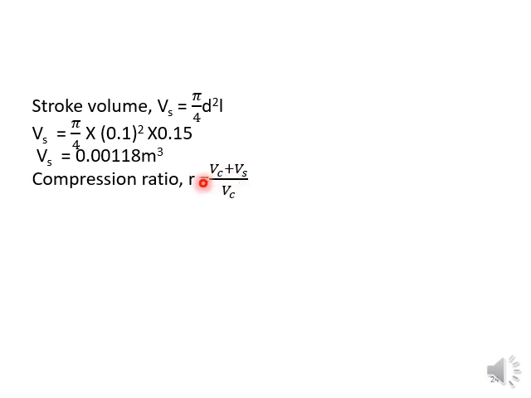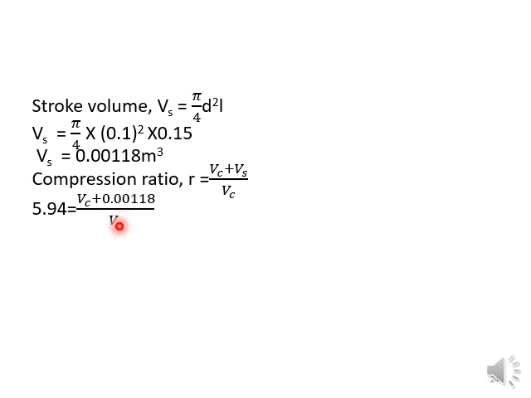So here we know the R value and the Vs value, and the unknown term is Vc. So substitute all the values here. So R is equal to 5.94, and we don't know the Vc value, so Vc plus 0.00118 divided by Vc.